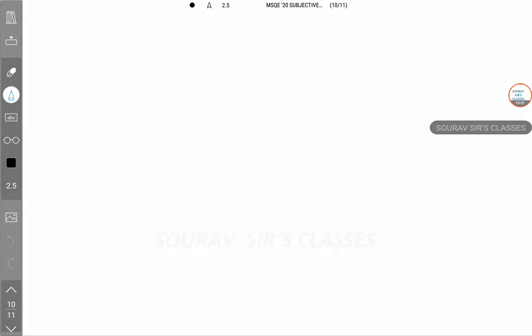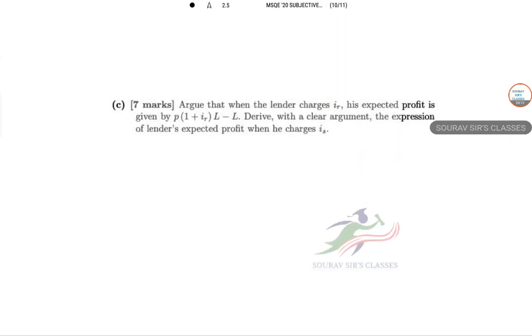Now let's move to the third part of the question. In the third part they are saying, argue that when the lender charges IR, his expected profit is given by this equation. Derive the clear argument and the expression of the lender's expected profit when he charges IS. So let's compute the lender's expected profit at I equal to IS.